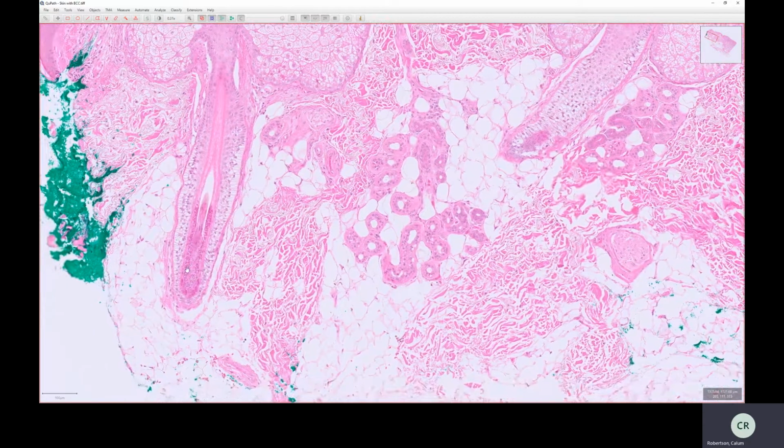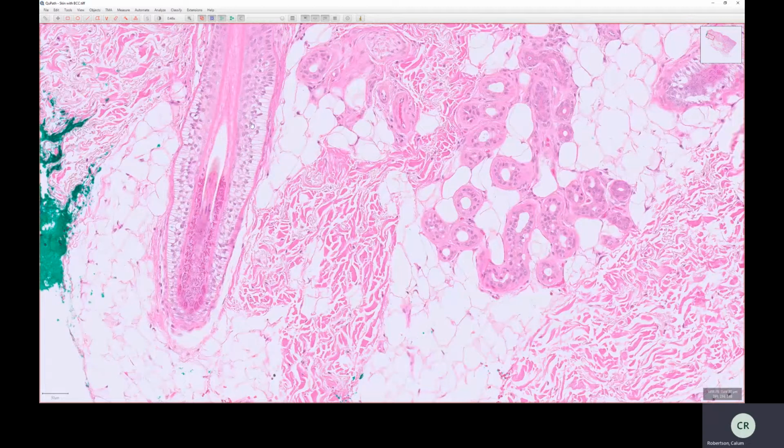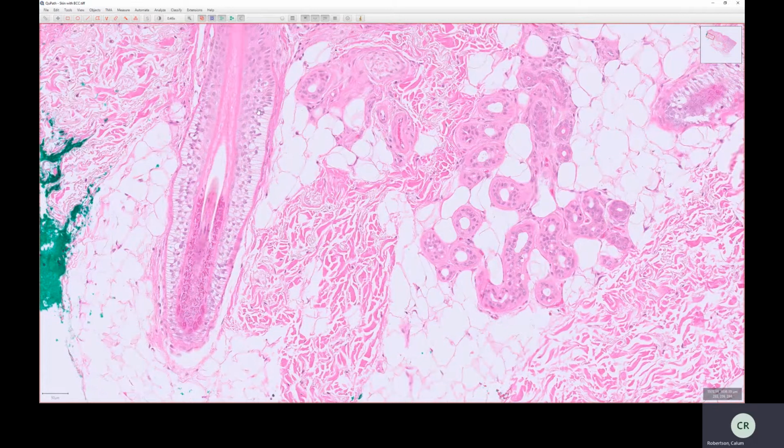But the hair follicle itself has got an outer root sheath, which is this kind of modified epidermis with clear cytoplasm. That's how you identify the outer root sheath. An inner root sheath, which has got these pink granules, quite eosinophilic granules.